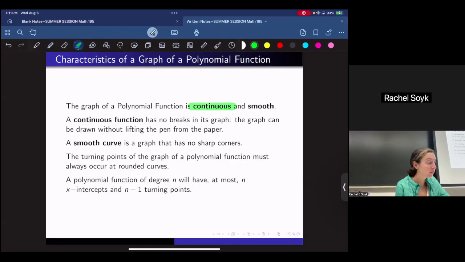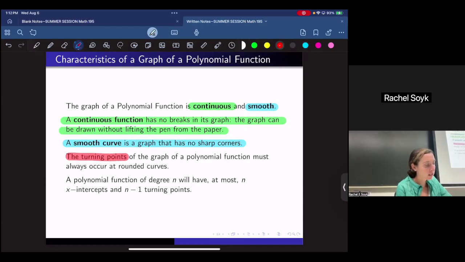The second you lift up your pen or your pencil, then you have a break and the function is no longer continuous. So all continuous functions have no breaks and can be drawn without lifting the pen from your paper. Whereas smooth just has no sharp corners, so there are no cusps. Round curves are acceptable, points are not.